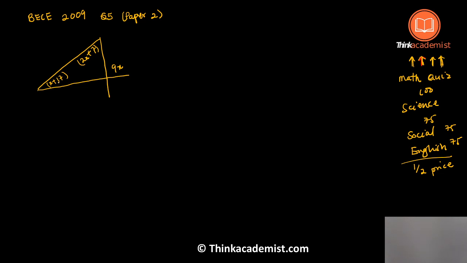Solving this will bring us to a principle I want to quickly explain. That principle says that if I have a triangle, and the triangle has interior angles and an exterior angle, when we add the interior angles, it should be equal to the opposite exterior angle.